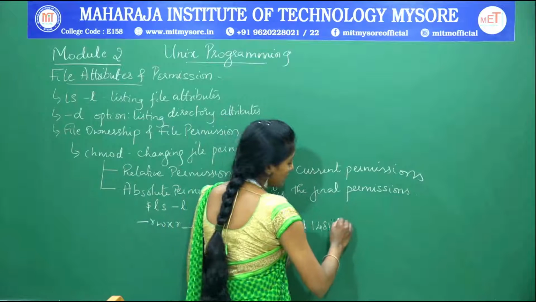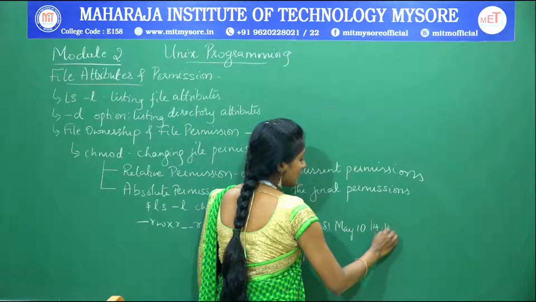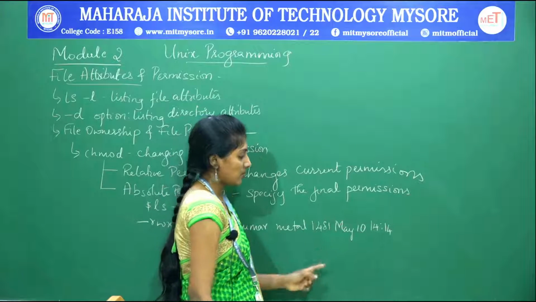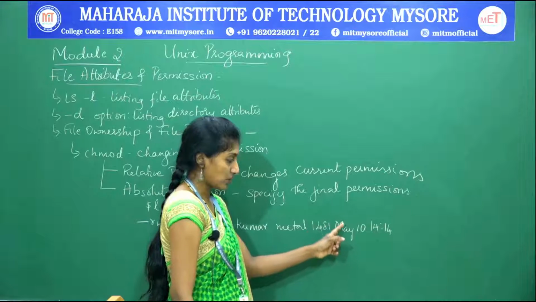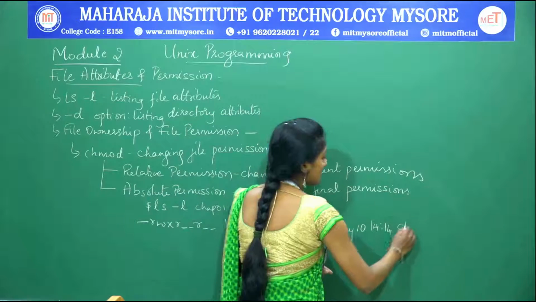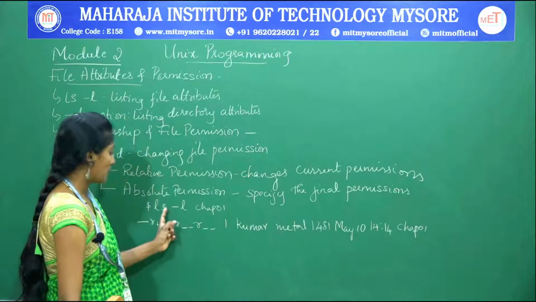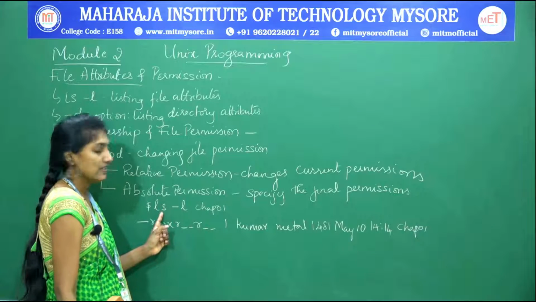Next it displays the last modification time. The 6th, 7th and 8th columns, these 3 attributes, display the last modification time, which includes the month, day and the time, and lastly the file name. This is the output if you execute ls with the option -l on any file.